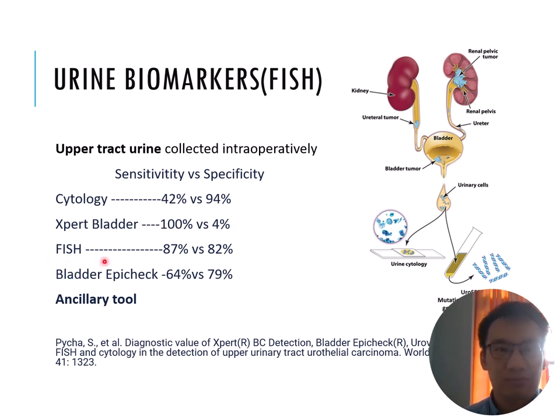FISH test is not bad, it's quite good, 87% sensitivity and 82% specificity. Bladder epicheck, 64% sensitivity, 79% specificity. So you can see this wide range of sensitivity and specificity of the urine biomarkers from the upper tract. Hence, cytology and also the urine biomarkers are ancillary tools for us to diagnose a UTUC.